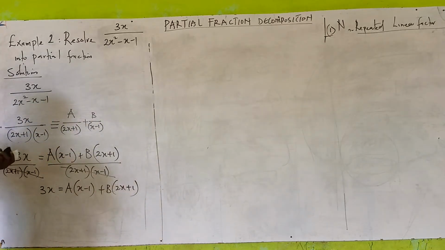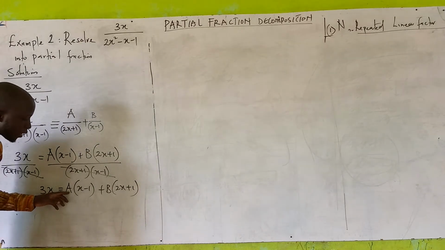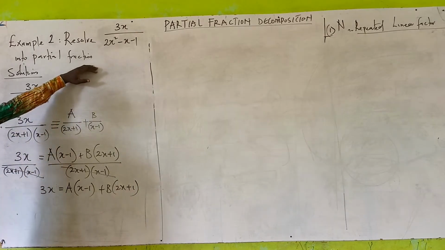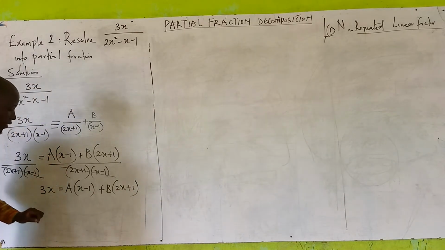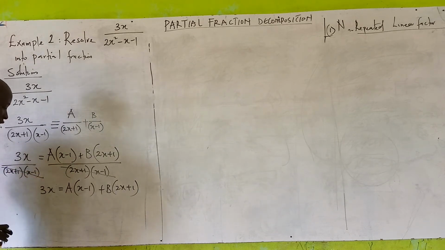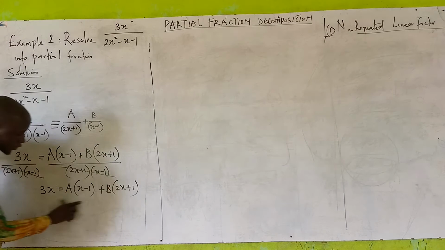The method we used in the first example is to eliminate either of these two constants. Now, in this particular example, we are not going to eliminate anything. We are going to use comparison of the two sides of two equations. And in doing that, we are going to expand this.